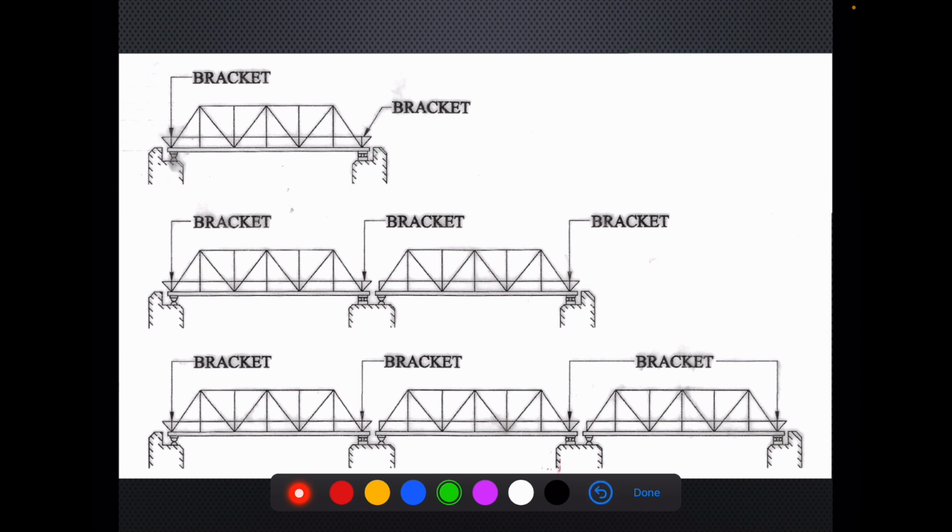This unsupported length of the rail needs to be controlled. The first case is when a single girder is provided between two abutments. The second case is abutment, pier, and then abutment, two spans. The third arrangement is abutment 1, P1, P2. Like this, there can be many, and at the end, we have abutment 2. This is how bracket arrangement is provided.